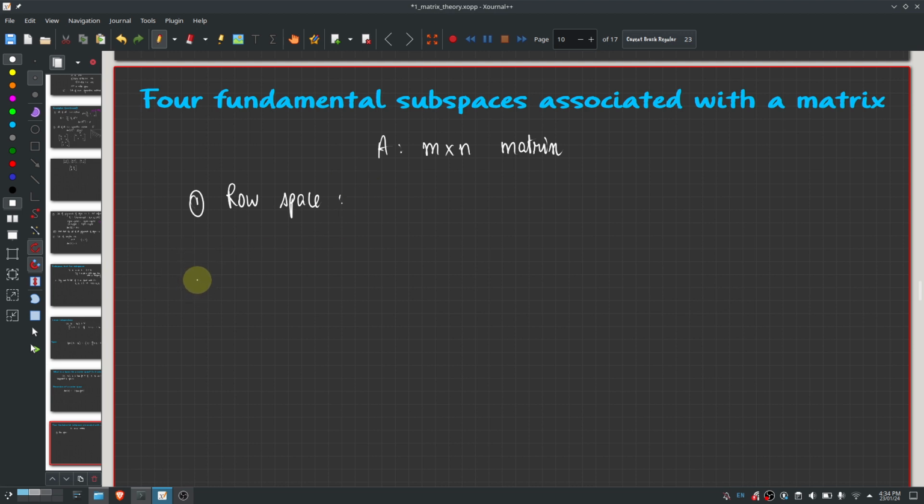Right? And what is the other fundamental subspace associated? The column space. So this is the span of the rows, and this is simply the span of the columns.